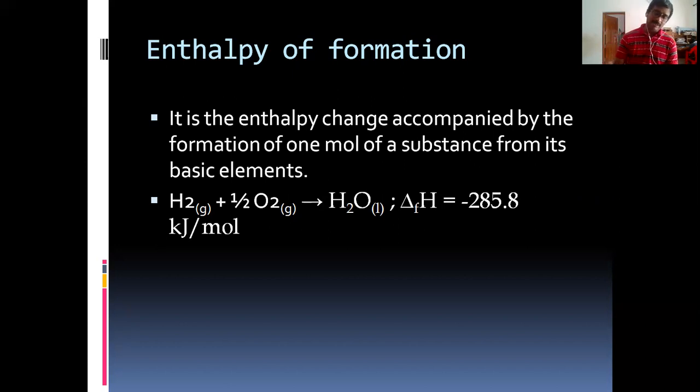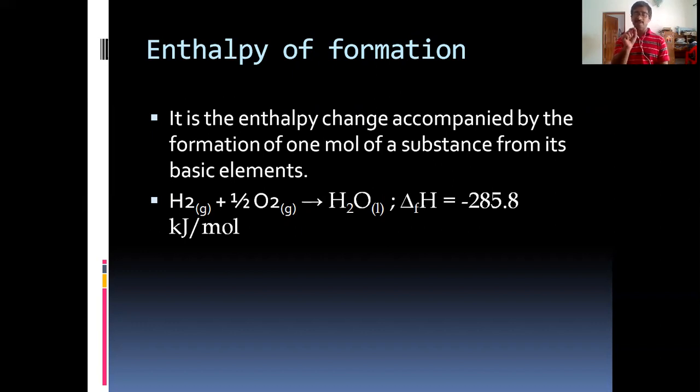For example, H2O. H2O can be prepared in different ways, but enthalpy of formation of H2O is the formation of H2O from the elements H2 and O2. So the formation reaction of H2O can be represented as H2 in the gaseous state plus half O2 in the gaseous state gives H2O in the liquid state.